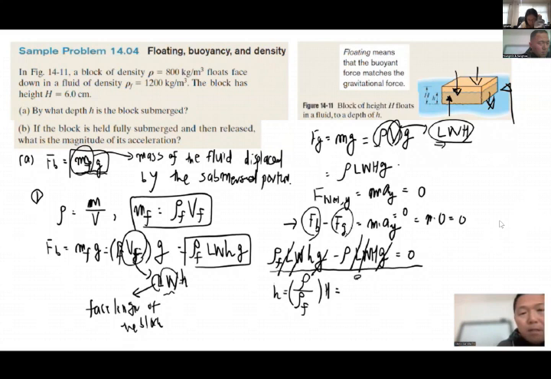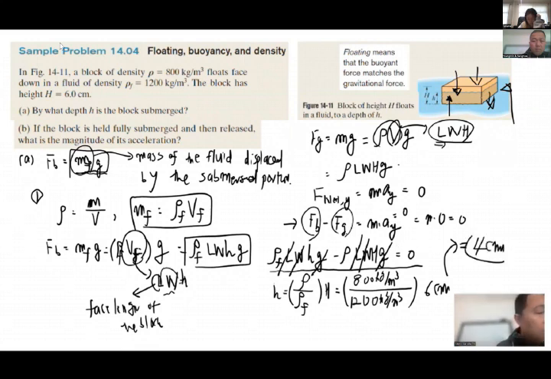The density of the box is 800 kilograms per cubic meter, the density of the fluid is 1200 kilograms per cubic meter, and the height of the box is 6 centimeters. So the height of the submerged portion of the box in equilibrium is 4 centimeters.